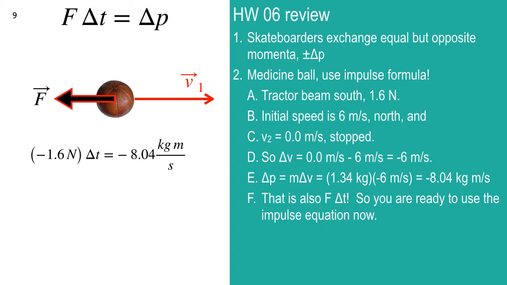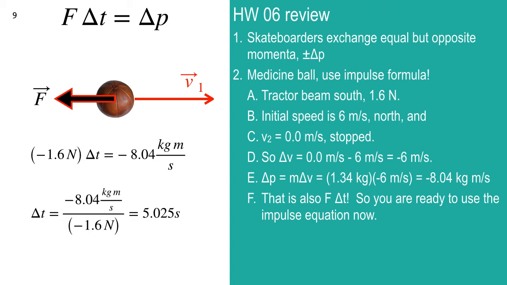And then I got my negative 8.04 kilogram meters per second on the other side. And now I just got to clear the left side, get delta T by itself. And of course, that's fairly cinchy. Just divide both sides by negative 1.6 newtons.